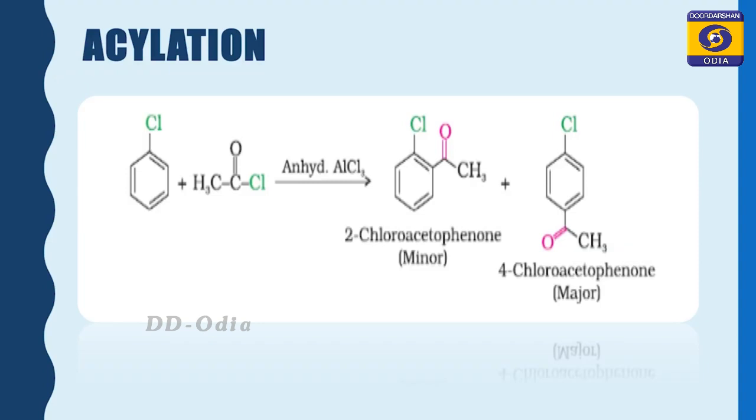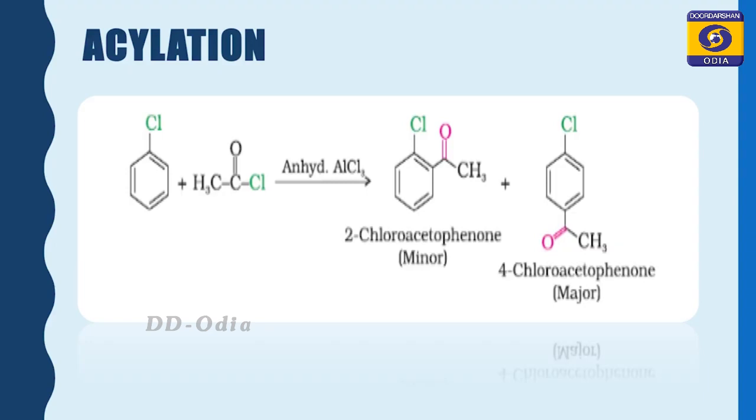As you can see from the slide, aluminum trichloride is the Lewis acid which takes the chlorine atom along with the bonded electron pair and forms AlCl4 minus, and thereby generates an acylium ion.